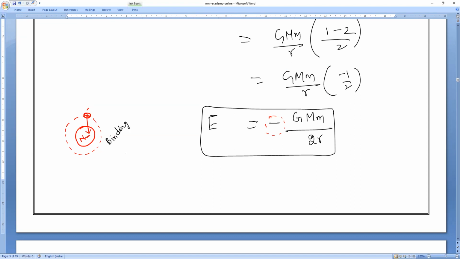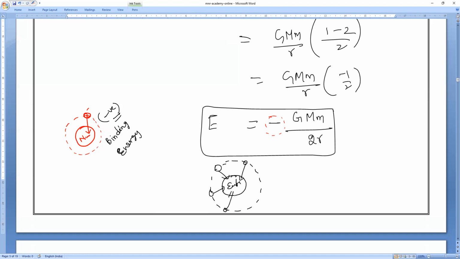Yes, brothers, check your notebooks. I have taught you already. So binding energy is what energy? All of you, binding energy is always what energy? Negative energy. Understand? Same like the satellites revolving around the earth, or the planets revolving around the sun, they are completely binded by the earth.